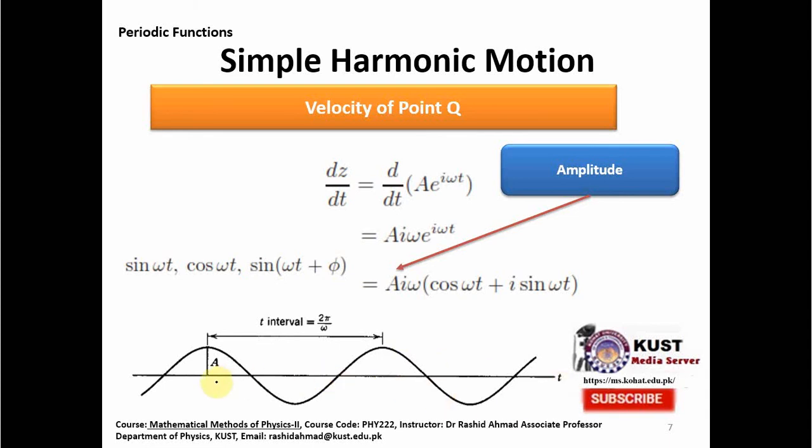If we draw these x and y components, you see the y component and x component with respect to t. This is the velocity amplitude; you can see it is maximum at some particular time.